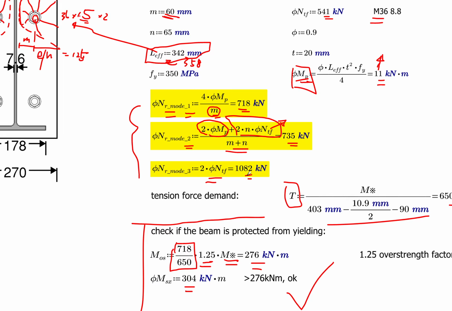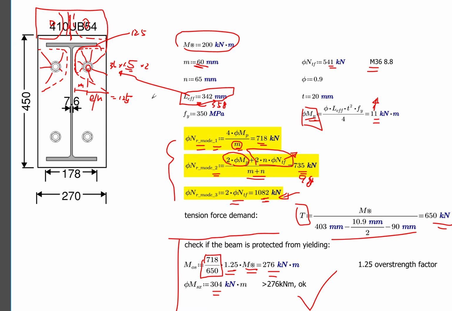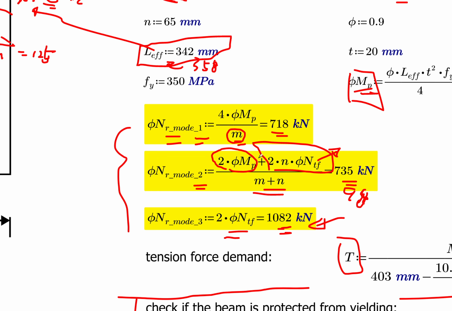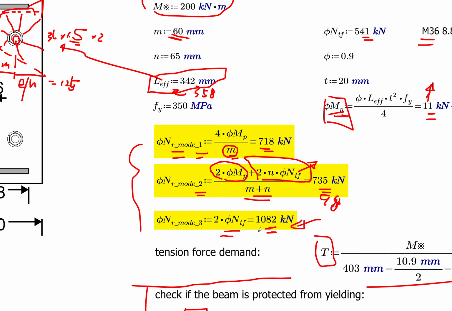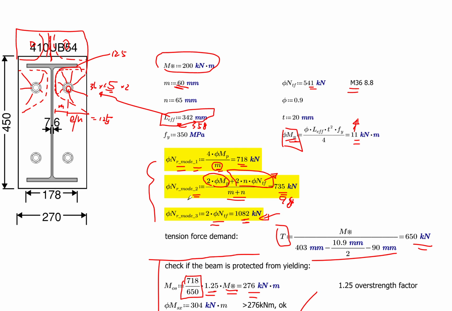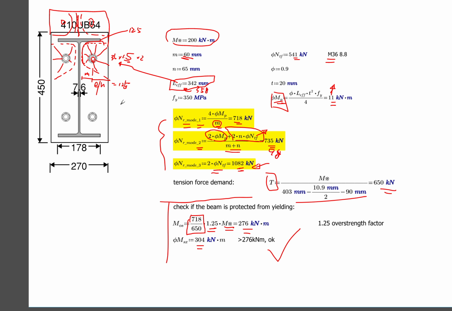But you can check: as long as it's not too far, if you get something like 990-something, that's quite close to your mode 3, you might go back and check the actual L eff to get it accurate. Sometimes when I just do a quick check, this is about 700 and mode 3 is about 1000. That's about 70% of it, so my design is valid. It's going to perform in a ductile yielding mode, so I'm okay with that.